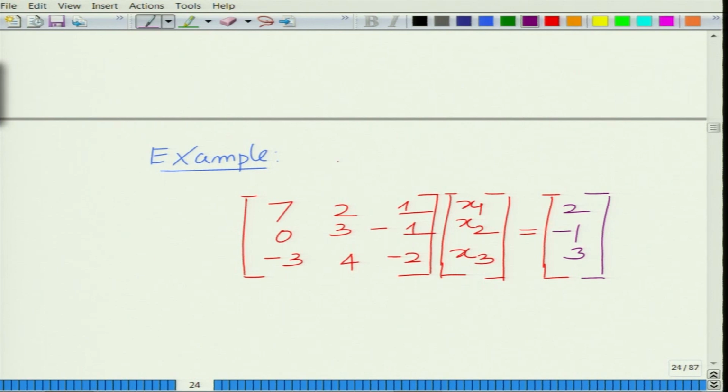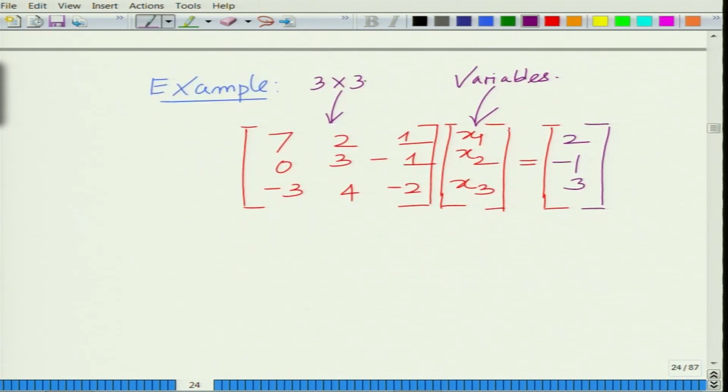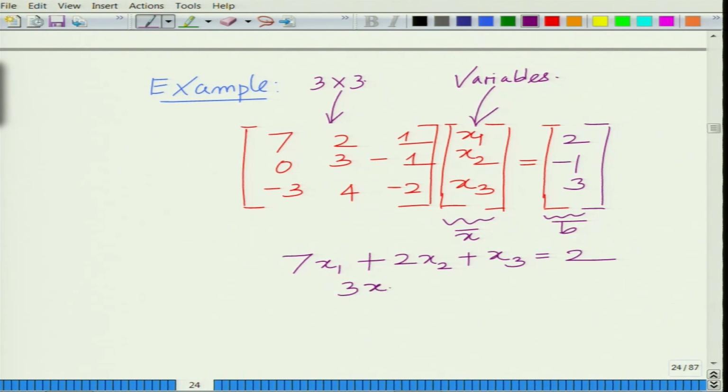So, this is your 3 cross 3 matrix, these are the variables or the unknowns, and this is your vector b bar. So, this is your vector x bar, this is your vector b bar, and these represent the equations 7x1 plus 2x2 plus x3 equal to 2, 3x2 minus x3 equal to minus 1, and minus 3x1 plus 4x2 minus 2x3 equal to 3.